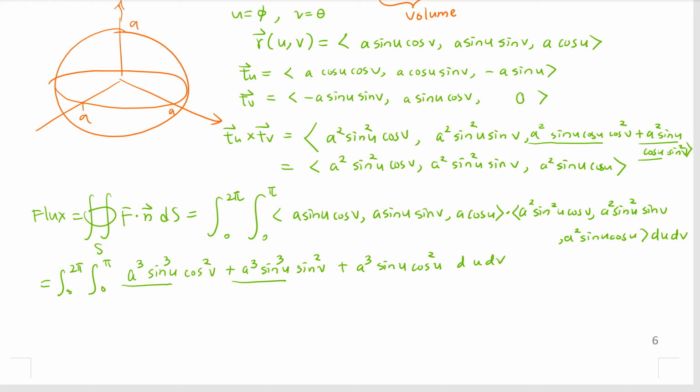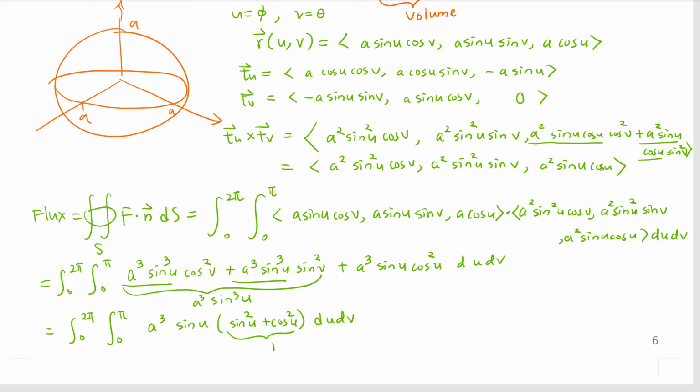Do you see here we have a common factor, and sine squared plus cosine squared is 1, so this together is just a cubed sine u cubed. In those two terms I can factor out a cubed and sine u, then we're left with sine u squared plus cosine u squared, which is also 1.